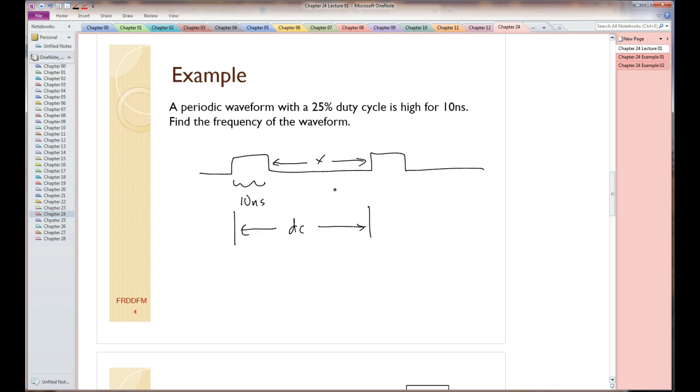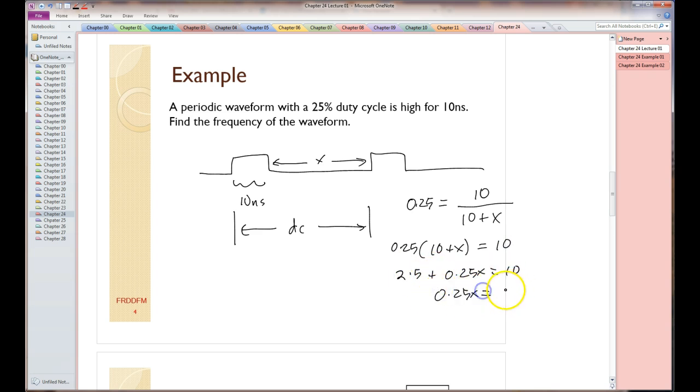So we can essentially just do an algebraic equation here. So we've got duty cycle, which is 0.25, equals 10 over 10 plus x. We'll drop the nanoseconds and remember that we're working with nanoseconds later. So x is 30, and then we'll add in the nanoseconds on the end of that.